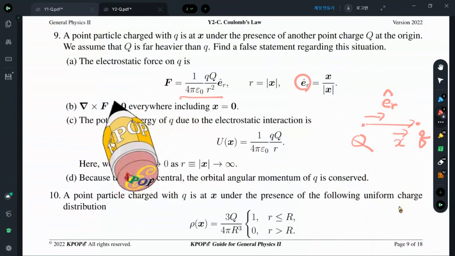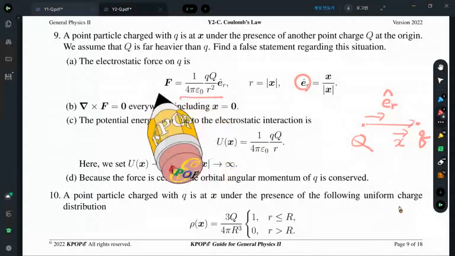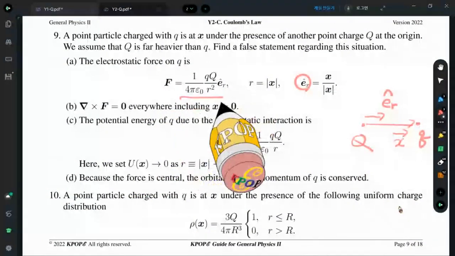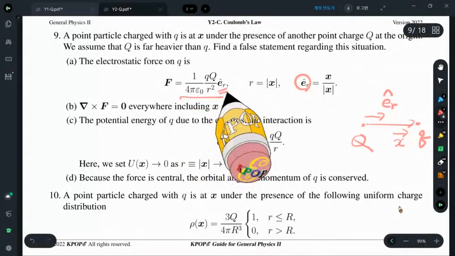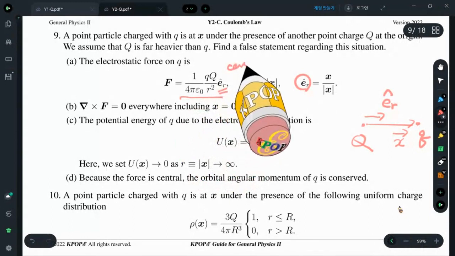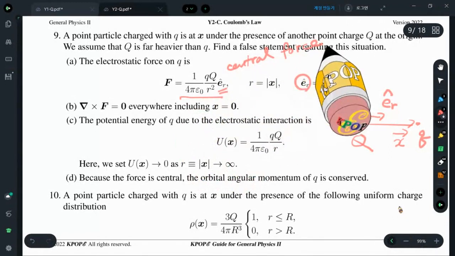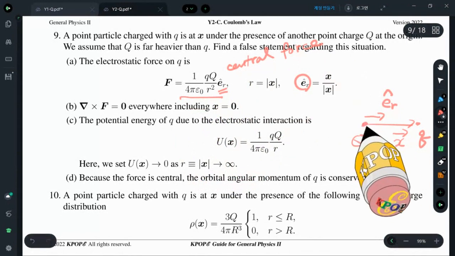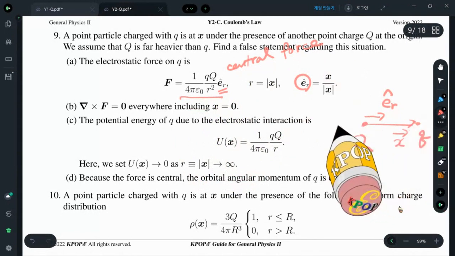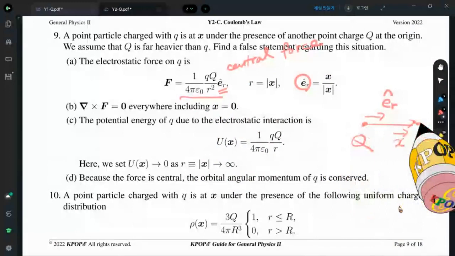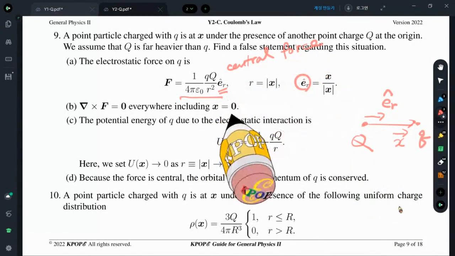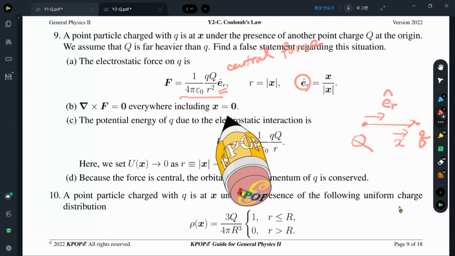We already learned in the first semester this inverse square law with the central force. A central force is a force along the line that connects the two objects. In that case, the curl is exactly zero.